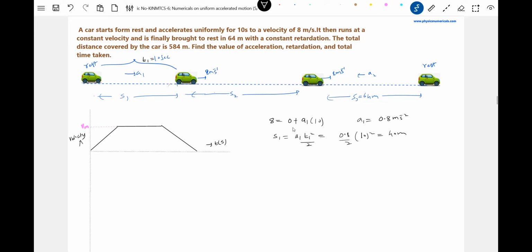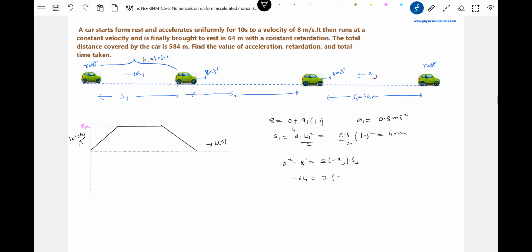Then come to this. It will undergo retardation, and in that retardation cover 64 meter. We'll apply equations of motion for this one here. So 0 square equal to 8 square plus 2 into minus A3 into S3. A3 I'll write, the symbol will be better.